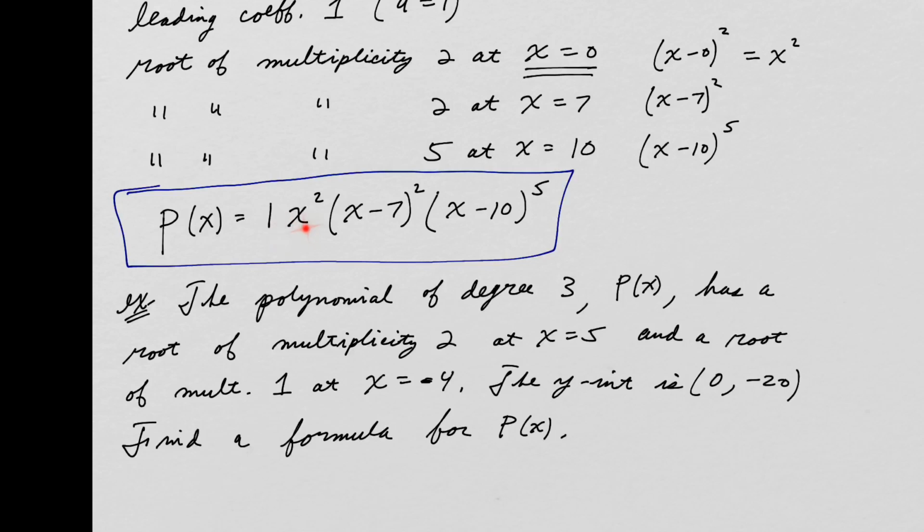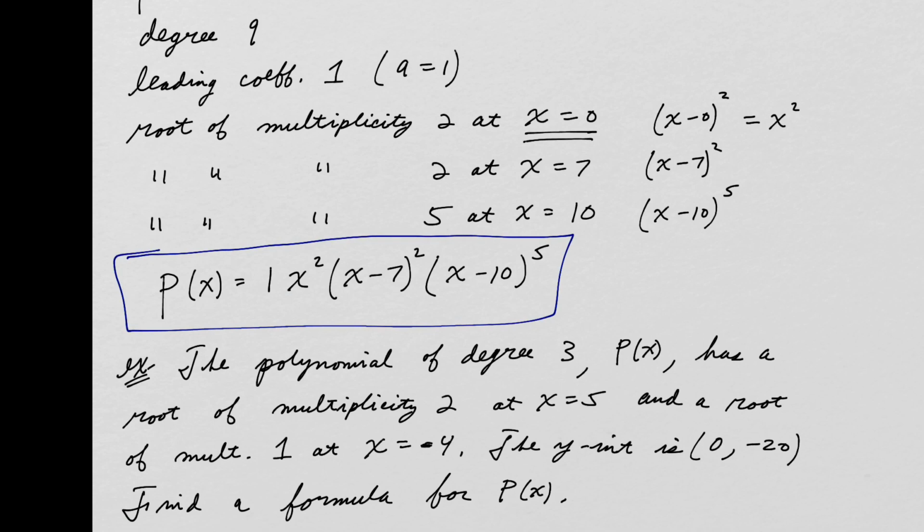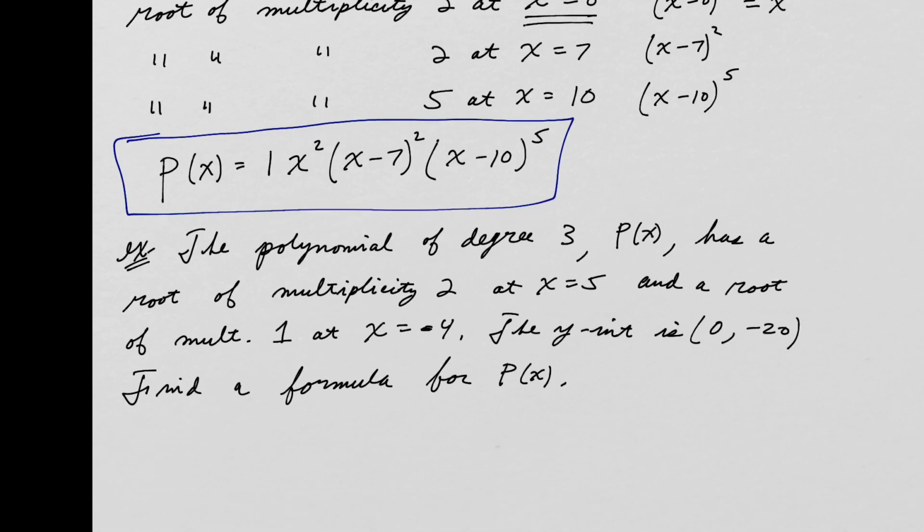So if I look at all my leading terms, I have x squared, another x squared, and x to the 5th. If I multiply those together, you add the exponents: 2 plus 2 plus 5, which is 9. So this is going to be x to the 9th plus a bunch of other terms. But the leading term is going to be an x to the 9th. So that makes sense that this does have a degree of 9. It's a 9th degree polynomial. I just wanted to point out that this matches what we were given.